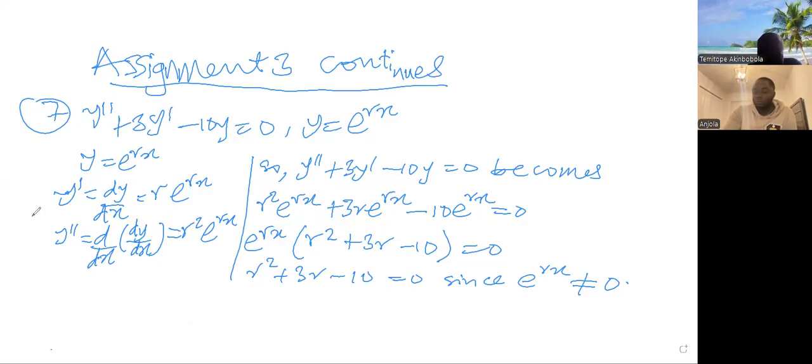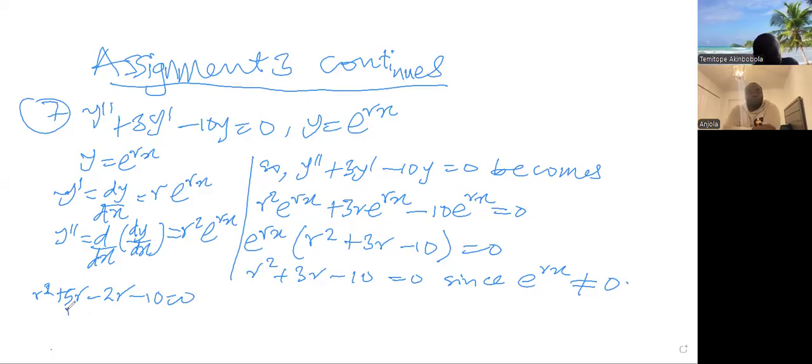So we'll now solve that quadratic in r. What are the factors, you think? Minus 10, then plus 3. So 5 and minus 2. 5r minus 2r minus 10 equals 0.